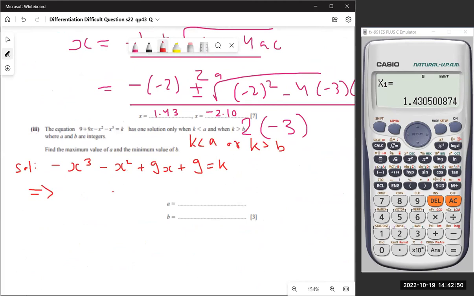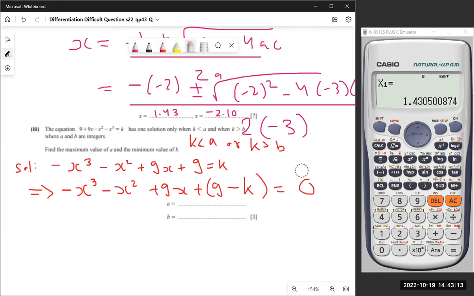All right. Now all I have to do is take this x cubed minus x squared plus 9x plus 9 minus k, that's what I have to do, is equals to 0. Now, can I do one thing? Now they had factorized this for us already.